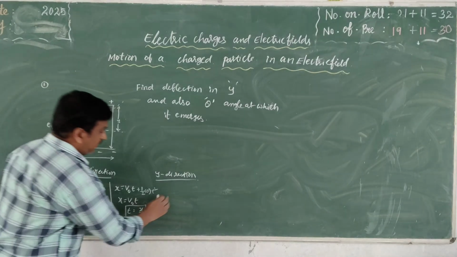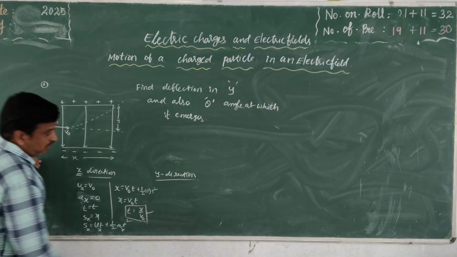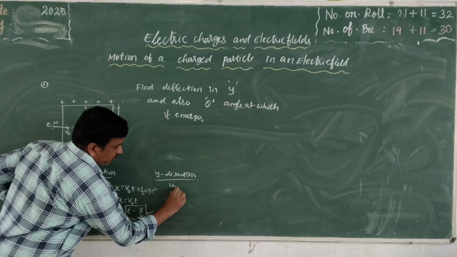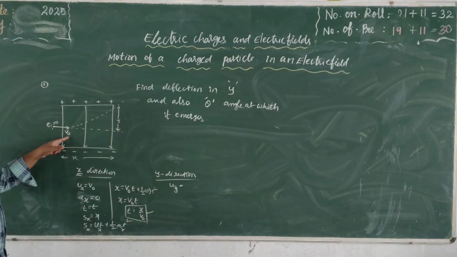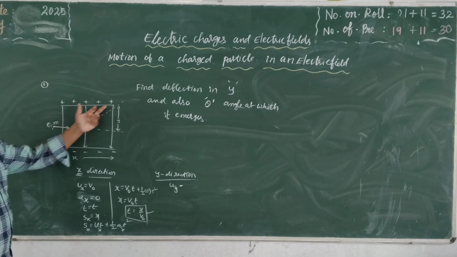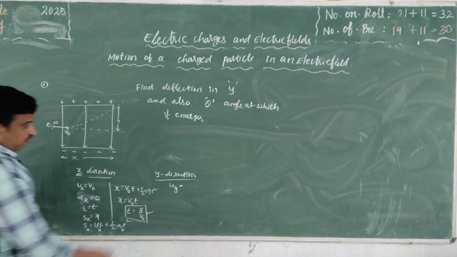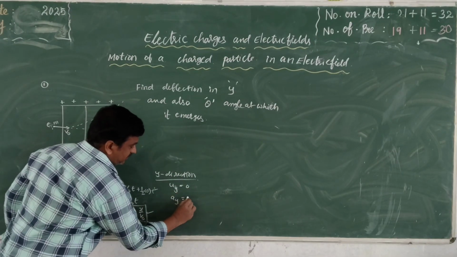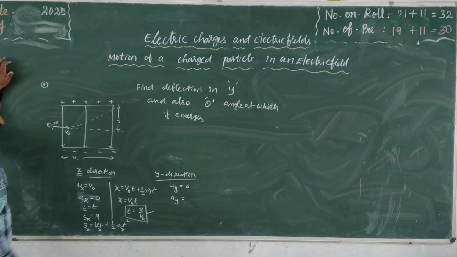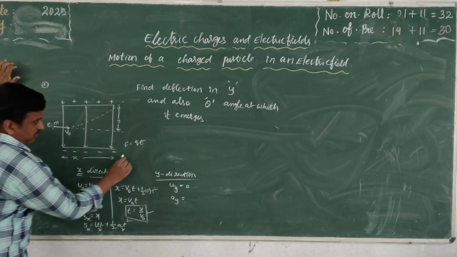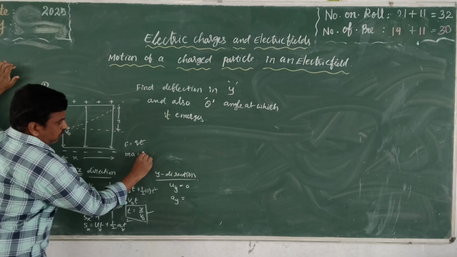Now we take the y direction. Here in the y direction, the initial velocity uy along the y axis is 0, while along the x axis it is v naught. After that it will change its velocity. So uy equal to 0. The force is F equal to QE, and force means ma, so ma equals QE.